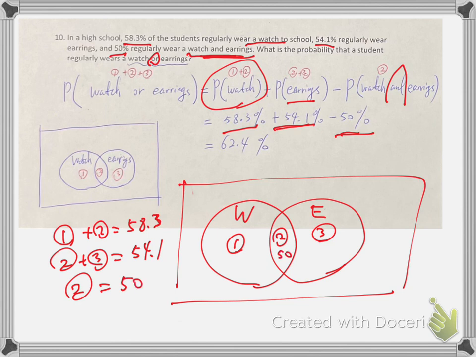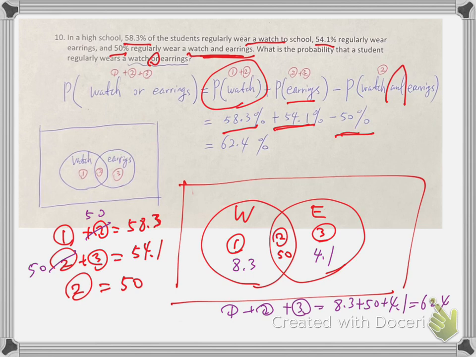So 50 plus part 3 is 54.1, so part 3 is 54.1 minus 50, which is 4.1. And part 1 plus 50 is 58.3, so part 1 is 8.3. Now what's the union? The union is 1 plus 2 plus 3, so 8.3 plus 50 plus 4.1. We get the same answer. So you can either use the union formula or use the three-part Venn diagram to solve this number 10.